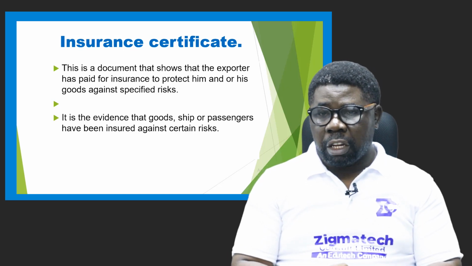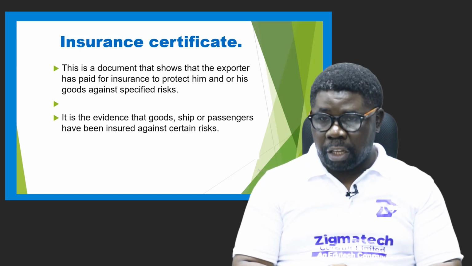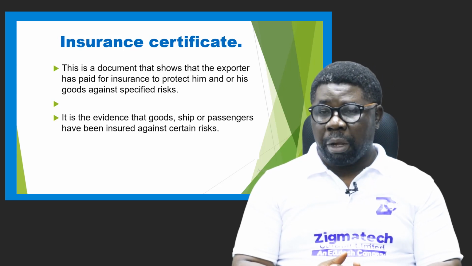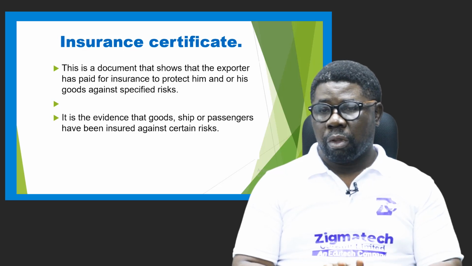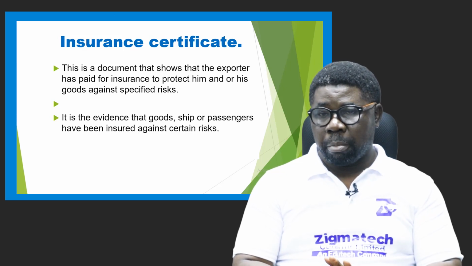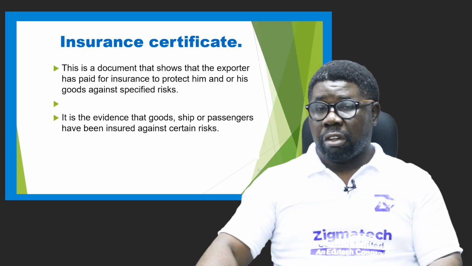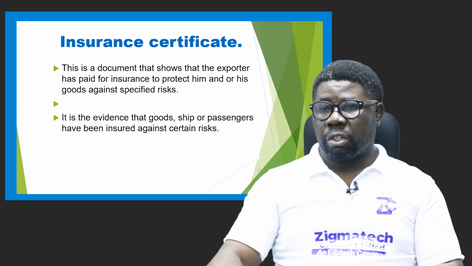It is evidence that goods, ship, or passengers have been insured against certain risks. It shows that they have done the necessary requirement for risk prevention, loss prevention, or loss management. So that's how simple it is. With this certificate, the ship can carry the goods or passengers to their next destination.